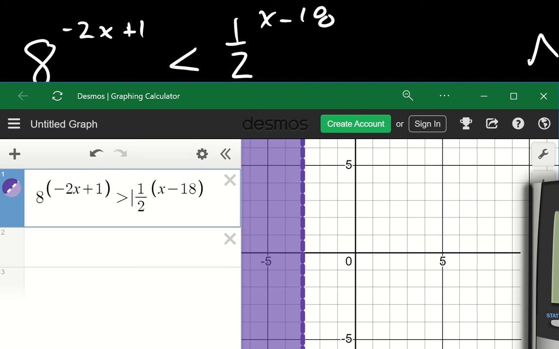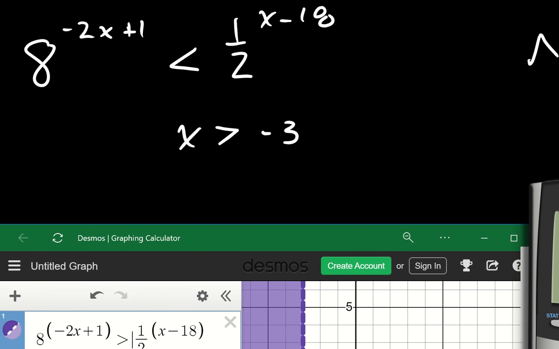If I was to plug 0 into this problem, it would give me something that's false. When we plugged in 0, I think it was 8, this would be saying 8 is greater than 262,000 something. That's clearly not true. 8 is not greater than 262,000. So when I plug in 0 to test, 0 fails.